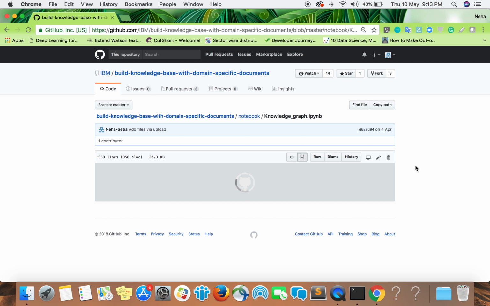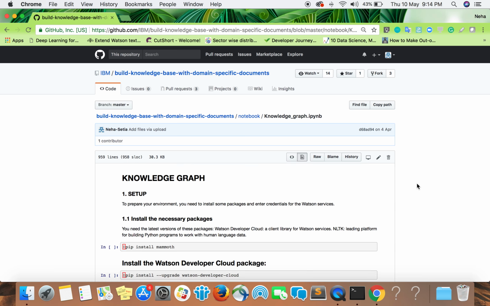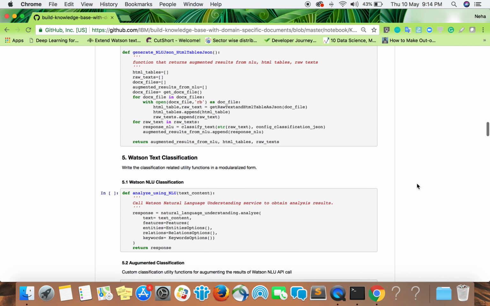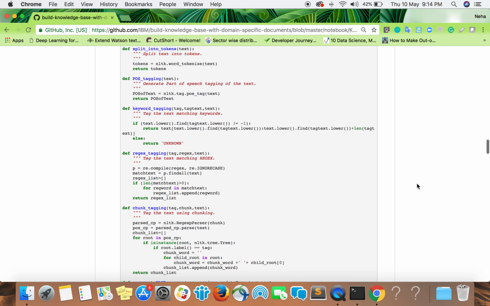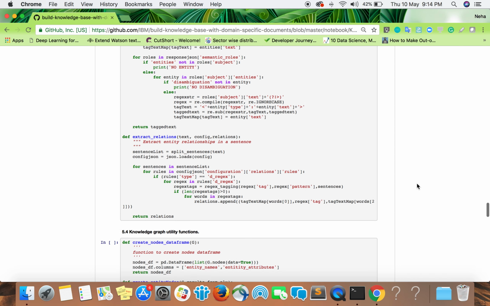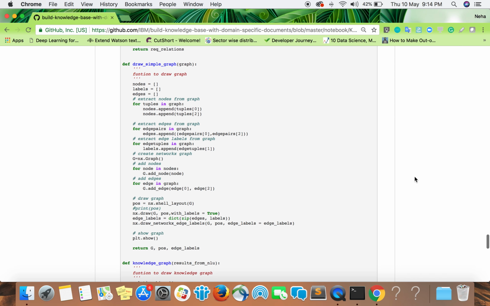I have taken two documents, one on oncology and one specific to Suresh H. Advani. Both of them have table and raw text, and we have applied NLU and then augmented the results using Watson Text Classification and Watson Correlation, and then we get the results like this.